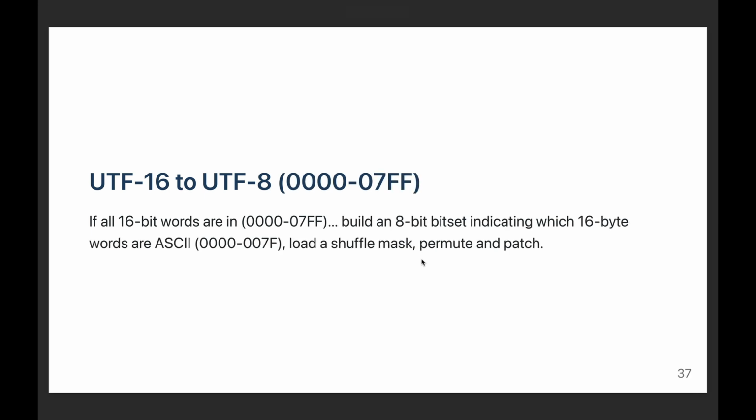When the words need to be mapped to either 1-byte UTF-8 characters or 2-byte UTF-8 characters, we first build a bitmap which indicates where the ASCII characters are. This can be done with a fast vectorized comparison. The bitmap allows us to look up in a table a shuffle mask and then to do a vectorized permutation followed by some arithmetic.